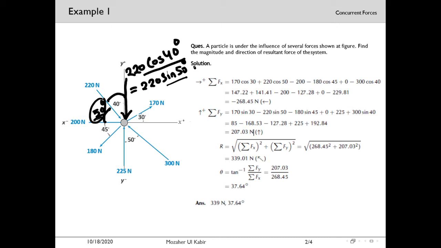Let's consider sine 50. Here we can see this component is acting downward. According to a sign convention, y is negative downward, so the sign will be negative.